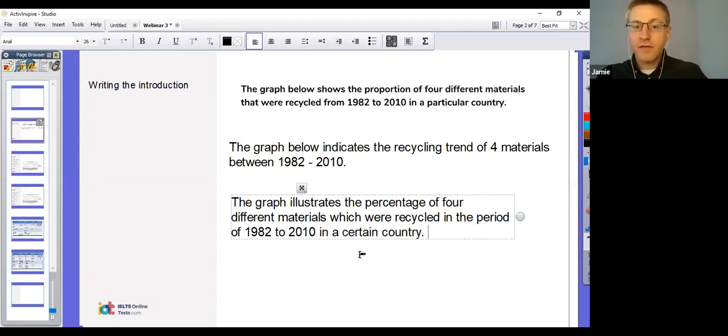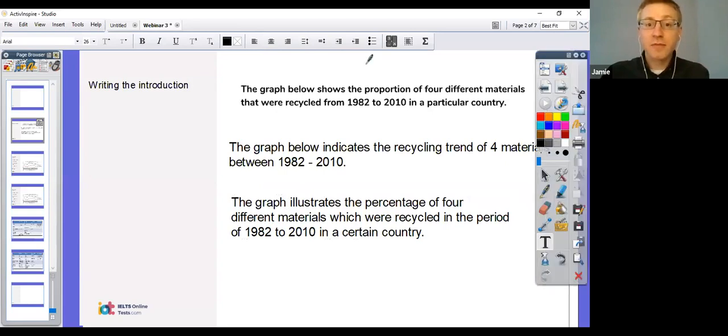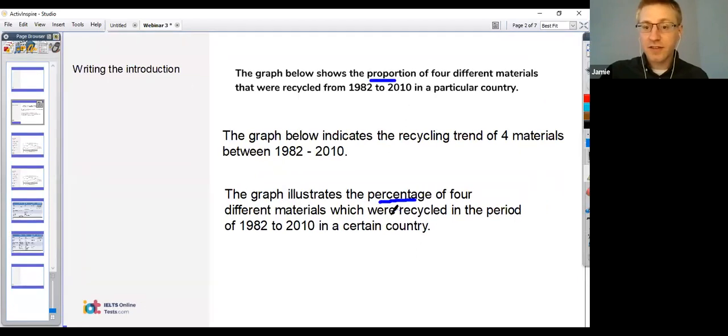So here you again used a different word, illustrates, which is very nice. And instead of using proportion, you've said percentage, which is great. That's absolutely accurate. And that is fine. This is a very clear paraphrase.